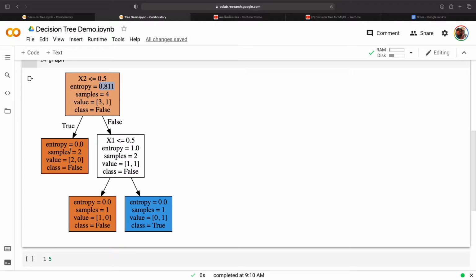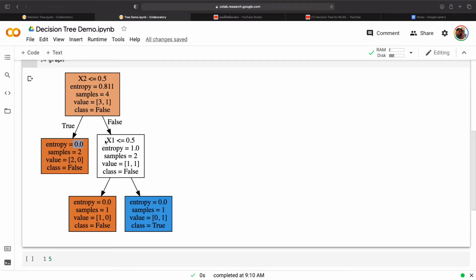And if you divide it using x2 less than 0.5, if x2 is true, the two examples fall into this leaf, and all of them are false. So the class is false, and you can see that the entropy is 0, right?